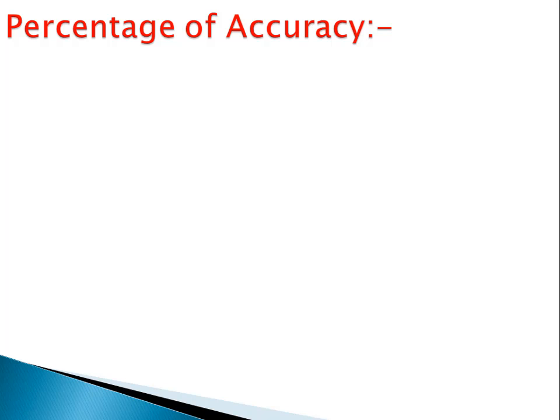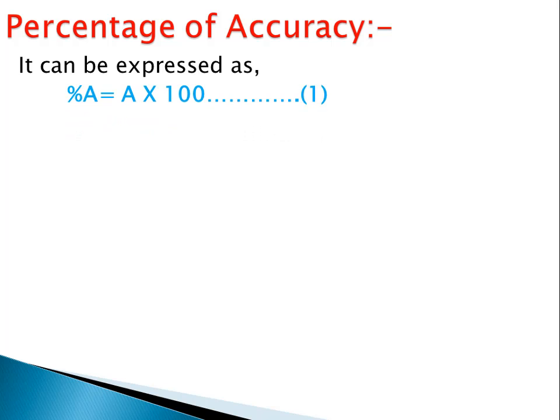Suppose if you want to find the value of percentage of accuracy, then how can we express the percentage of accuracy in the given problem? It can be expressed as % A = A × 100. Here capital A is the relative accuracy, which we have already calculated as 0.9925.